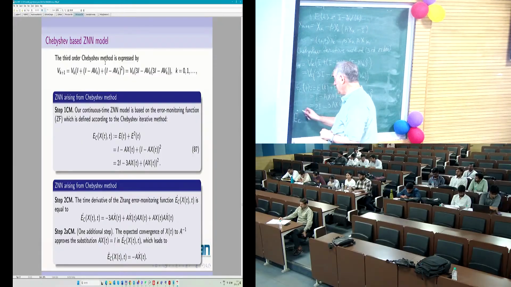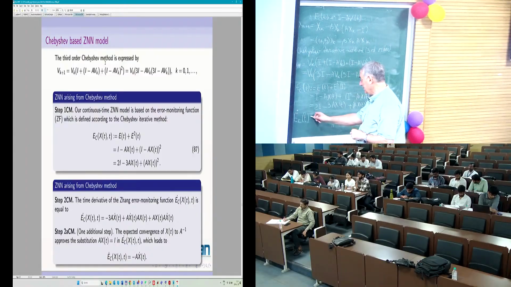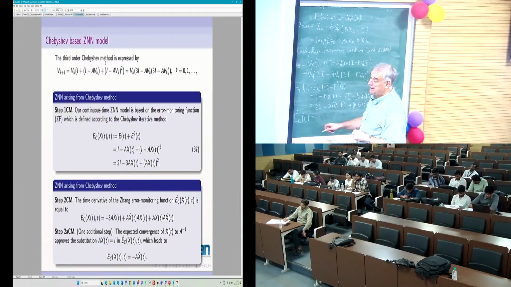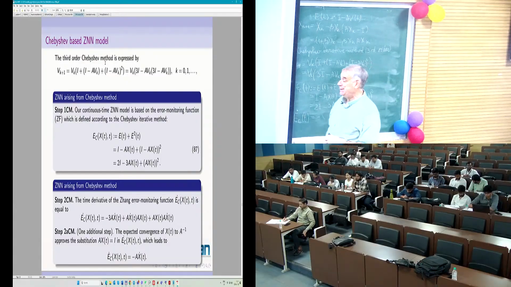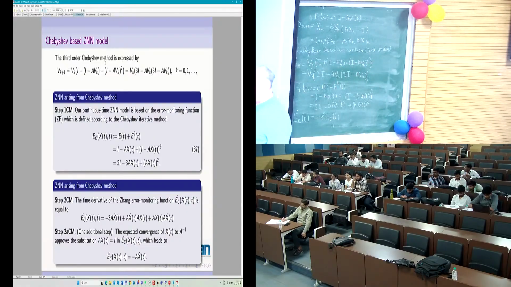Expected ZNN dynamics is the derivative of E_C equal to minus gamma E_C of t. And then it is necessary to compute.